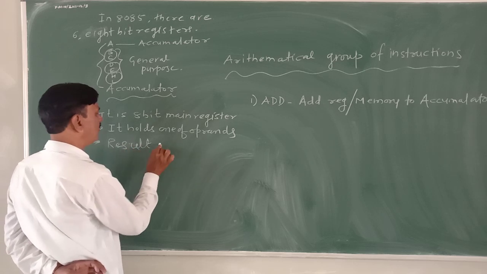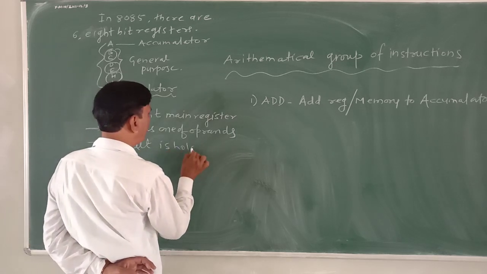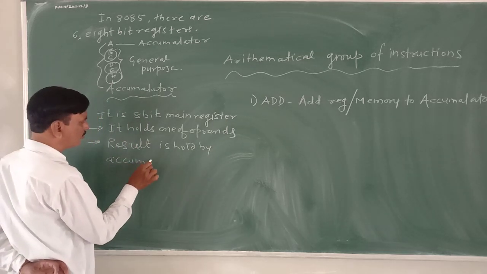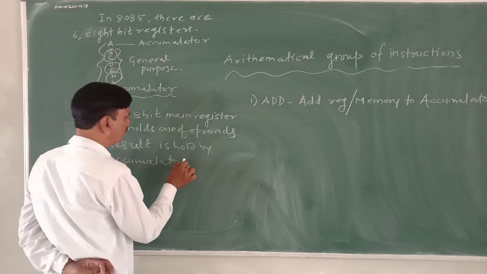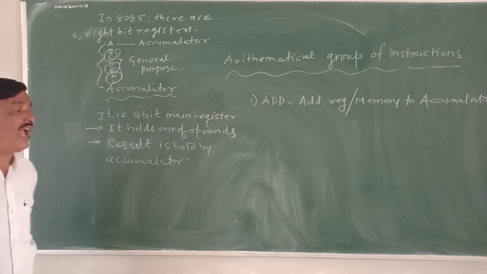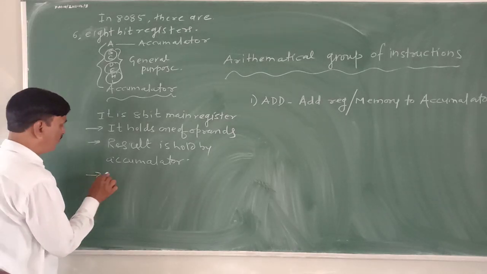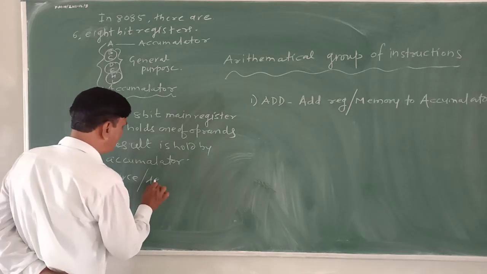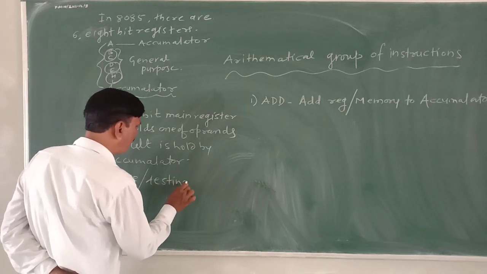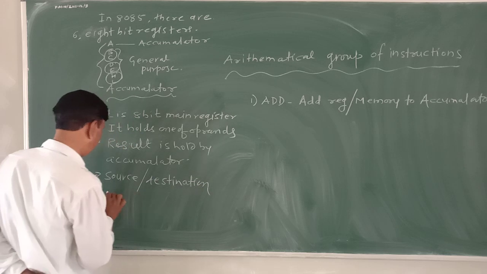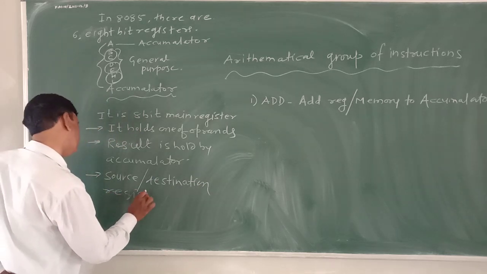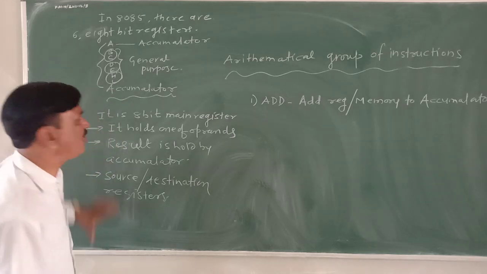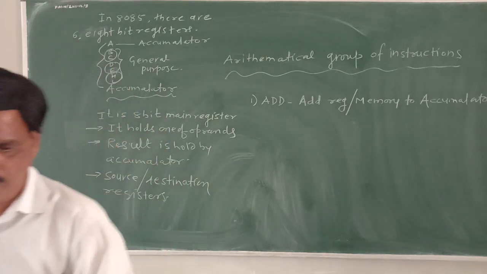It is also the source as well as destination register. So these are the three functions of the accumulator.